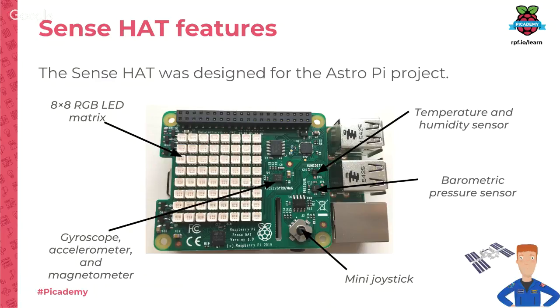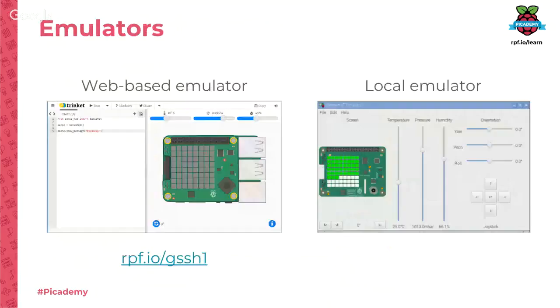So we're going to have a play around with this, but obviously you guys don't have SenseHats in front of you. So one of the great things that we have is this emulator. We actually have two emulators. We have a web-based emulator, which is the one pictured on the left-hand side, and that's the one we're going to be using today. And we also have a local emulator. If you have a Raspberry Pi, this comes pre-installed, and you can use both of these to engage in SenseHat projects without the physical SenseHat.